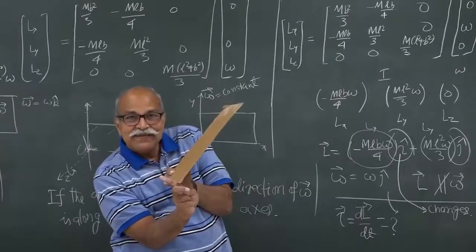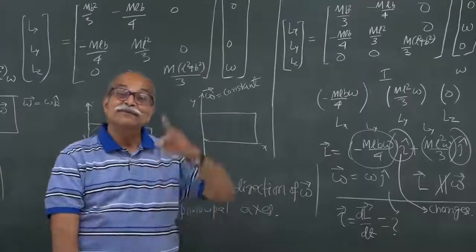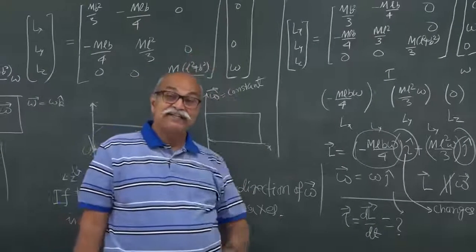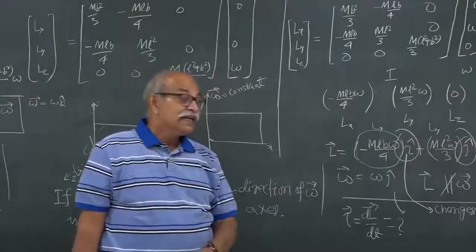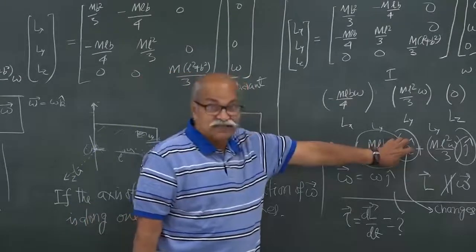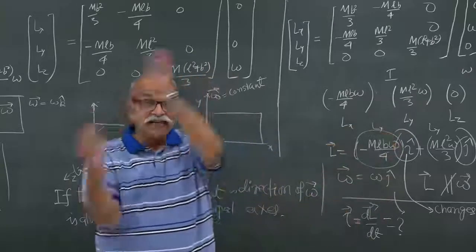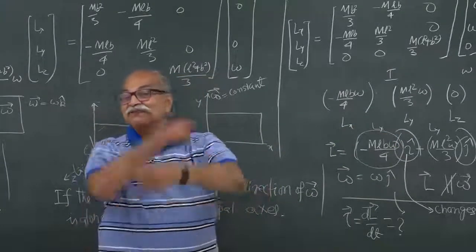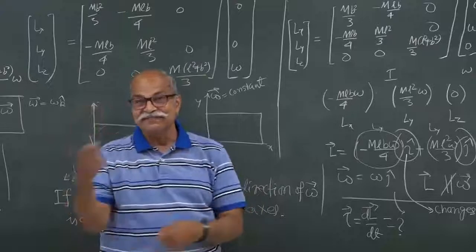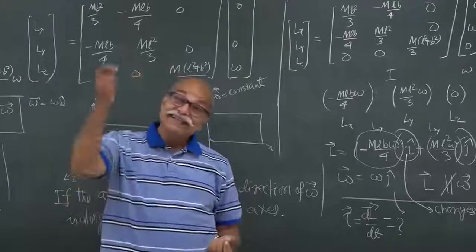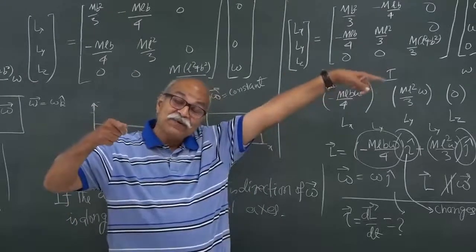So, k cap is also changing. So, we are using a rotating frame of reference, a non-inertial frame of reference. In this reference frame, with these x, y, z axes, in this rotating frame, L is constant, but if in the rotating frame L is constant, that does not mean that dL dt equal to tau will be 0.